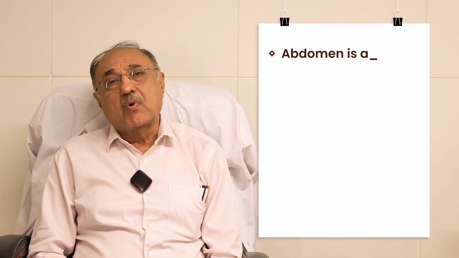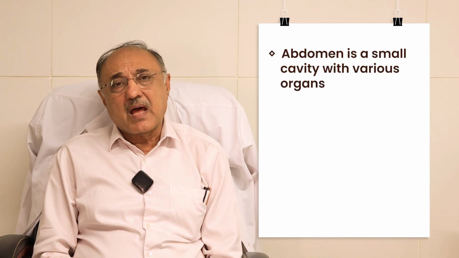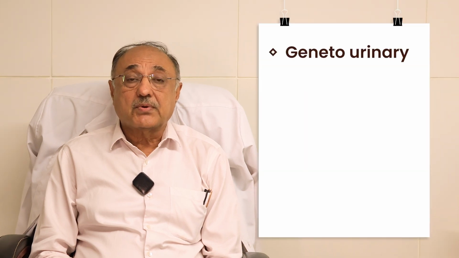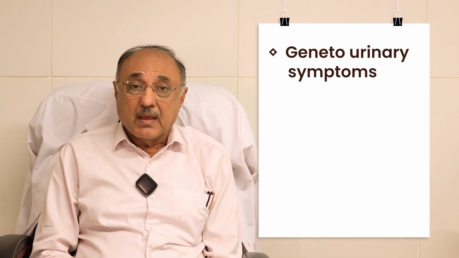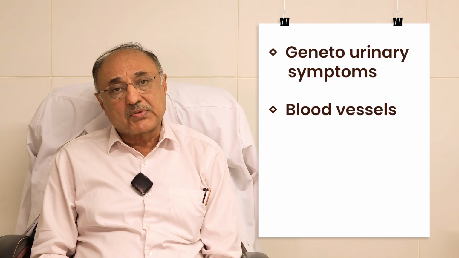Today we are going to start with one very common problem, that is abdominal pain, which is very important for any practicing physician or surgeon, let alone gastroenterologist. So abdominal pain is a nightmare sometimes to diagnose because abdomen is a small cavity. In this cavity there are various organs related to digestive system, but there are some organs related to genitourinary symptoms also, and there are some blood vessels also.